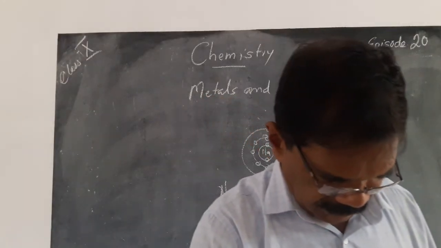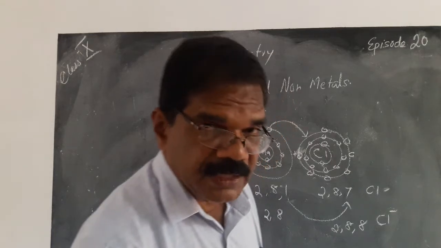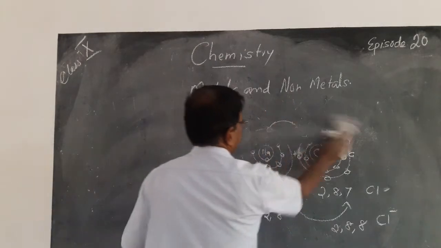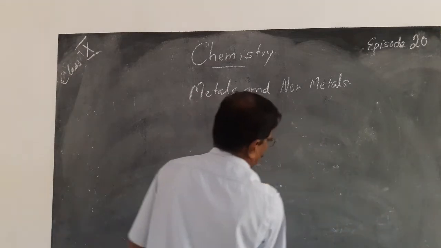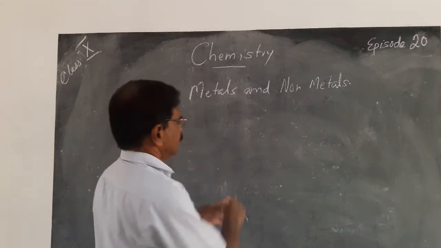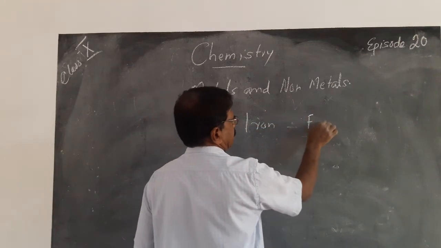So we have learned some important metals here. What are the metals we see here? Iron, symbol Fe.